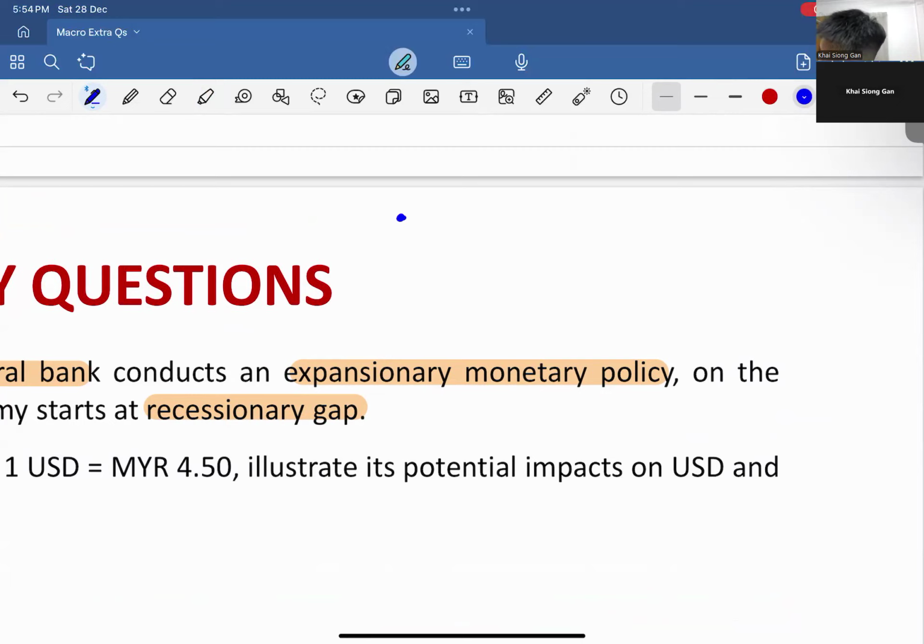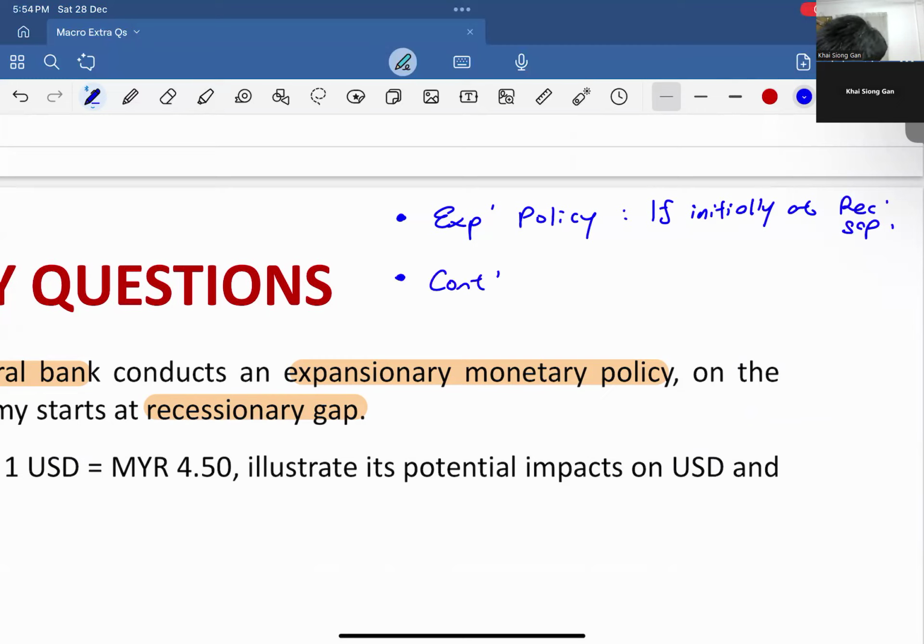If we use expansionary policy, the country is initially at a recessionary gap, so therefore the government will use expansionary policy.